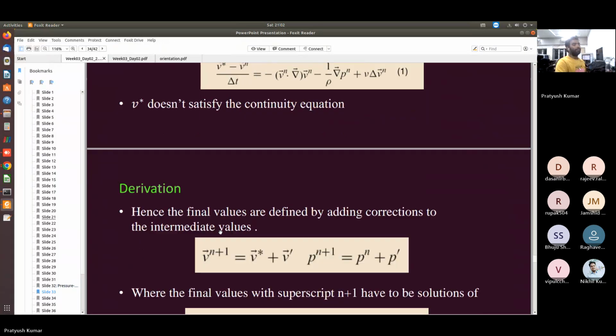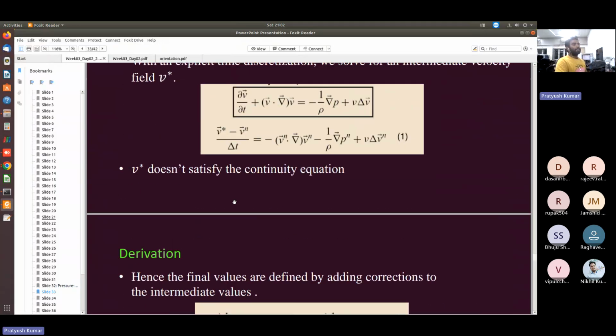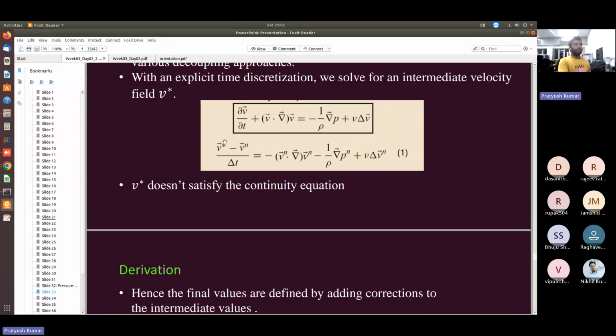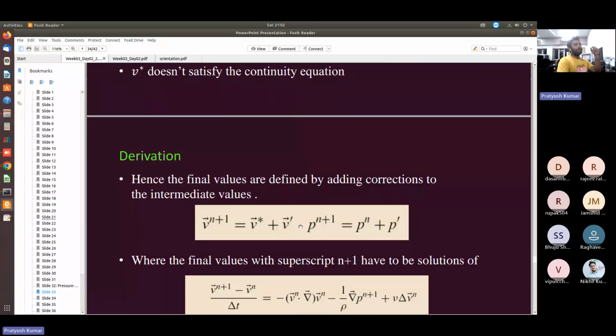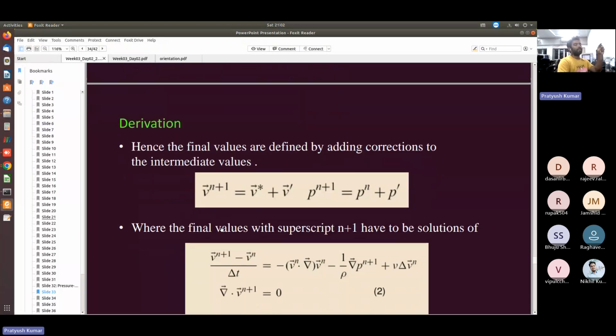Now since it is not satisfying the continuity equation, there might be some error in V star. Suppose we add V dash, the correction term, to this V star, so that Vn plus 1 satisfies the continuity as well as the momentum equations.